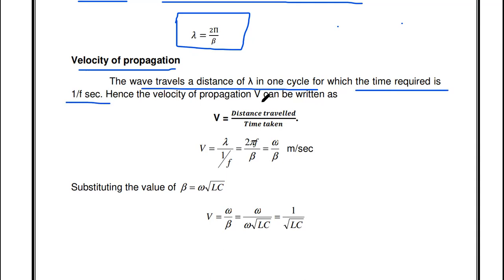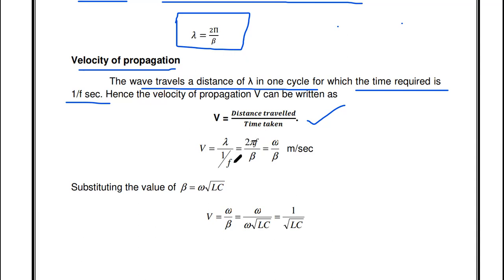So the velocity of propagation is the distance traveled, which is the wavelength, divided by the time taken. Time is the reciprocal of frequency, so 1 divided by f. So we get lambda times f.